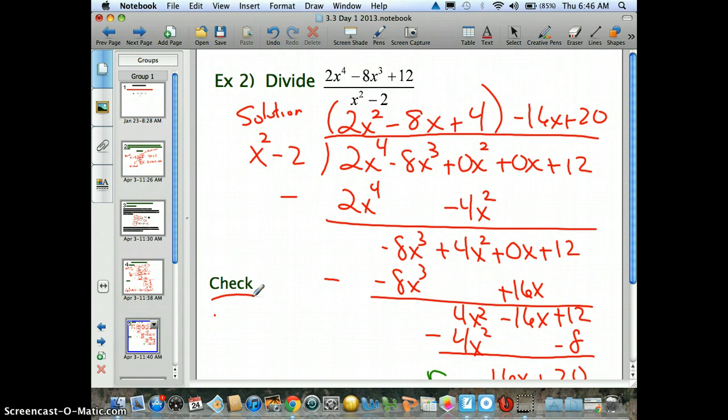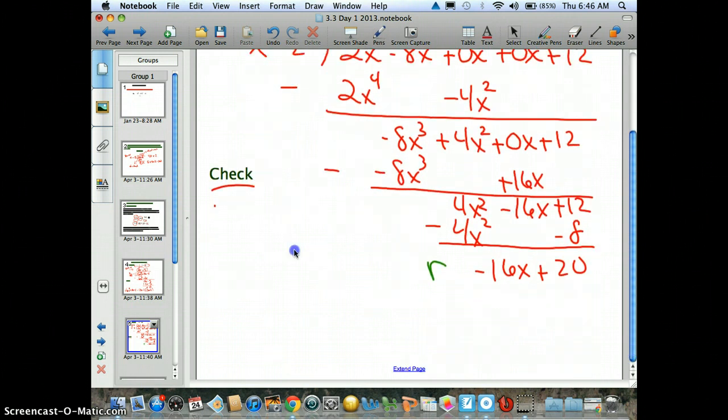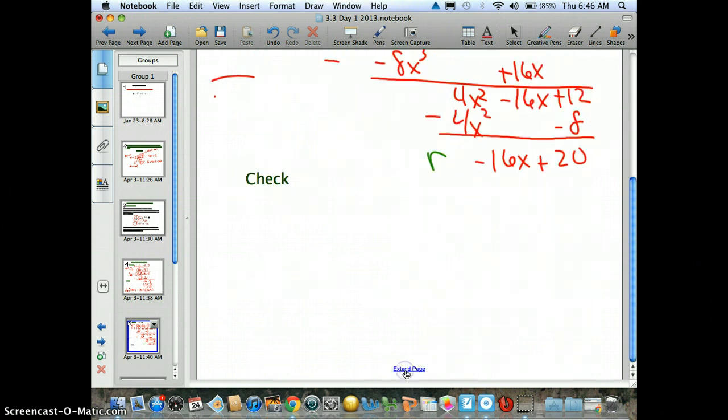So remember, the check is the quotient times the divisor plus the remainder. So for our check here on this problem, we're going to take quotient times divisor plus remainder. All right, so here's the check. Let me move this down and give myself a little more room here.